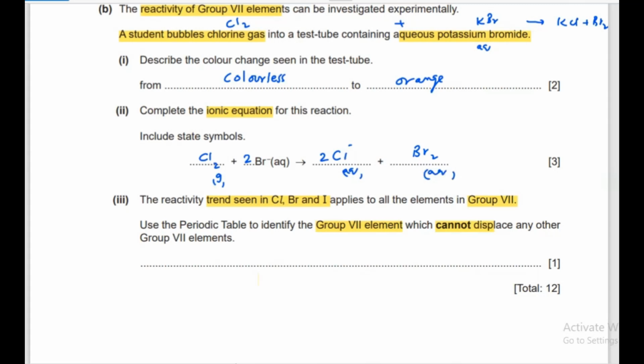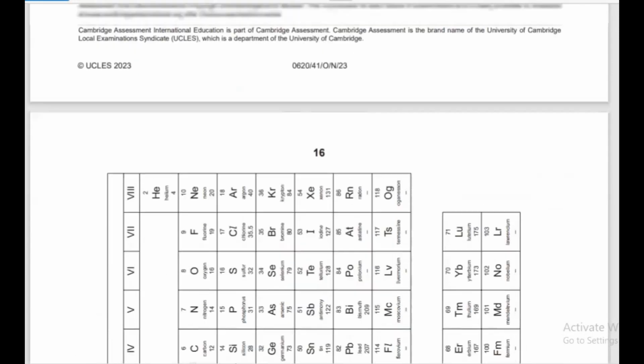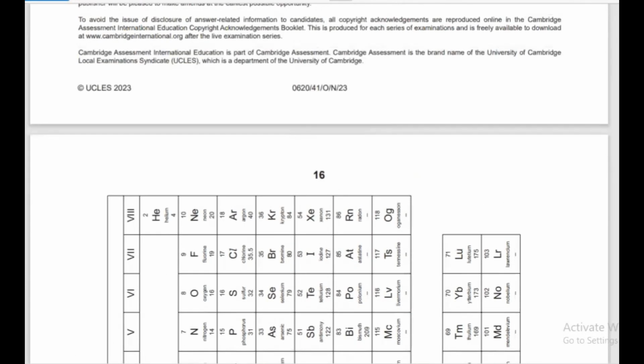Then the reactivity trend seen in chlorine, bromine, iodine applies to all the elements of group 7. Use the periodic table to identify the group 7 element which cannot displace any other group 7 element. So just look at the periodic table. The periodic table is there in the question paper, and if we look at it, the group 7 element is astatine, and then this is another element in the periodic table.